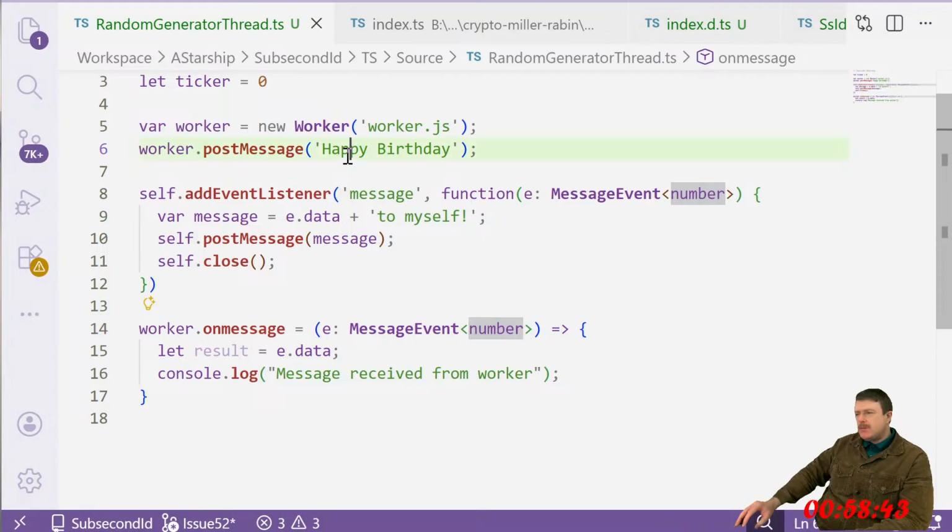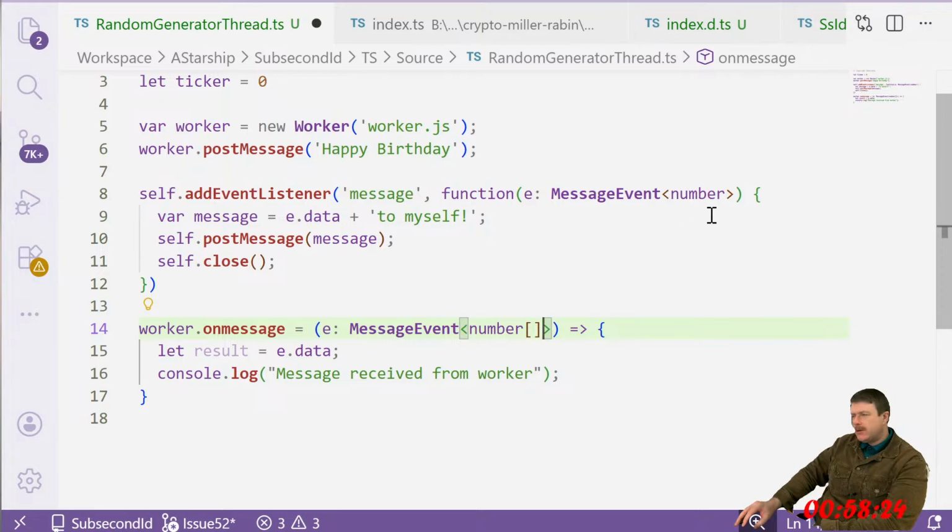Is it posting happy birthday? Huh. So what does this need to be, like a big int? Or can I do a number array?